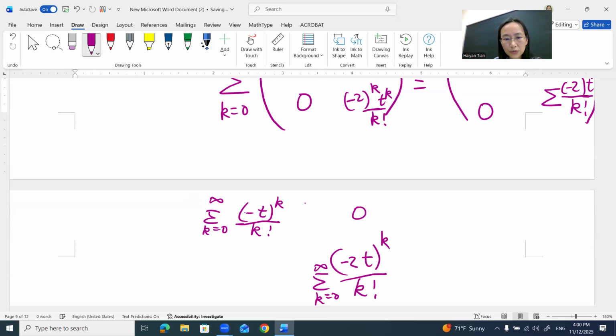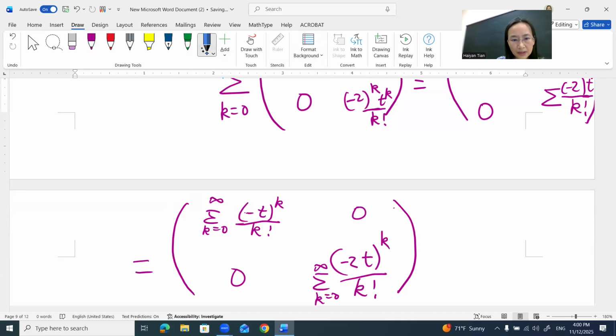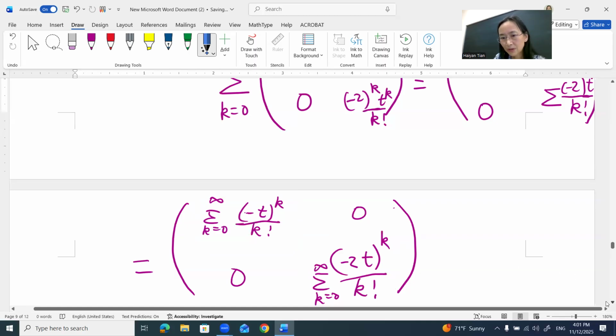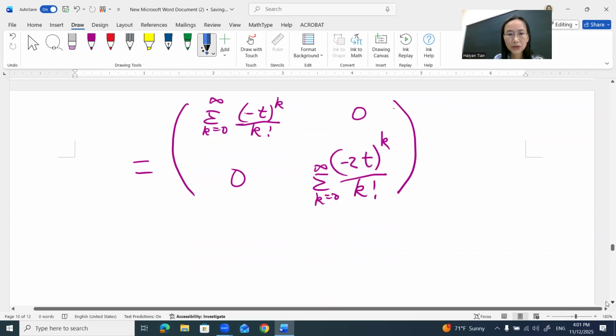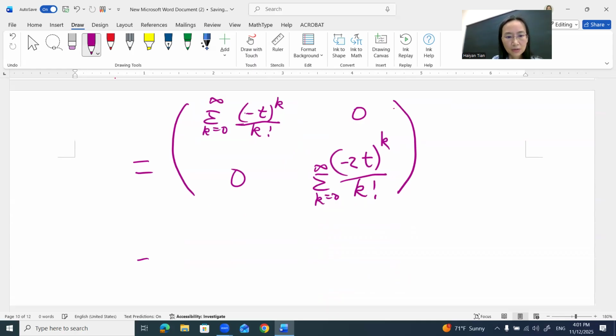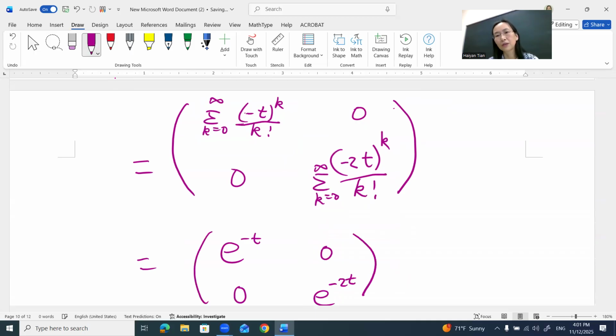And the non-diagonal entries will be 0. Now it's easier to realize what it is. This one converges to e to the negative t, the exponential function. The other one converges to e to the negative 2t, because they are just Maclaurin series for the exponential function. So this infinite series is e to the negative t, and the other infinite series is e to the negative 2t. And now we have found the fundamental matrix.